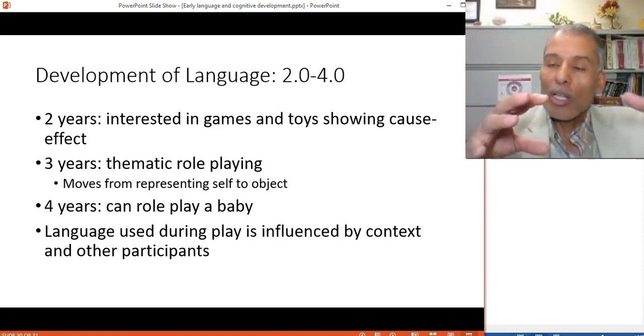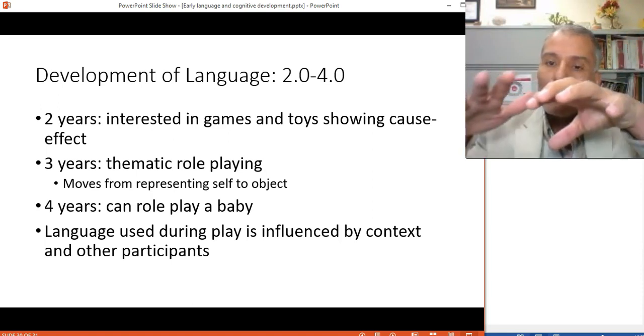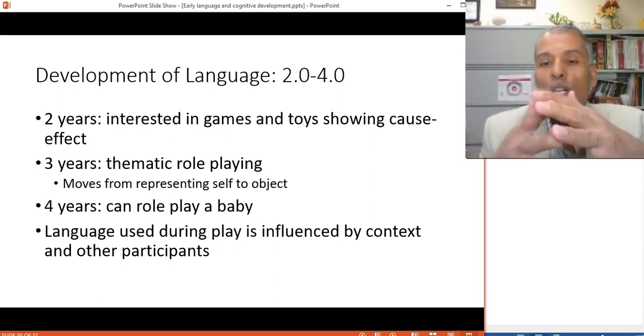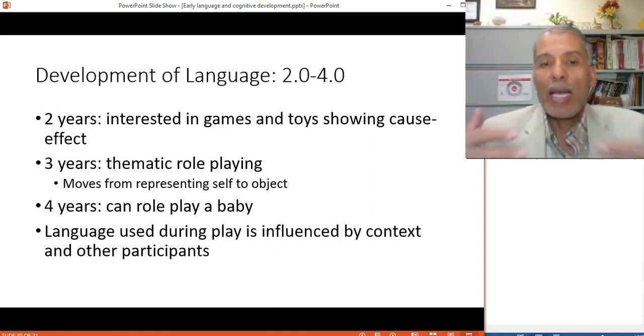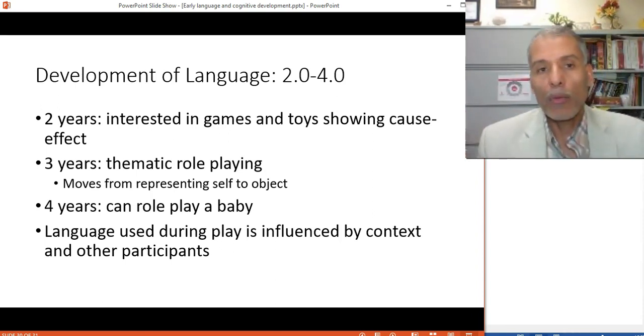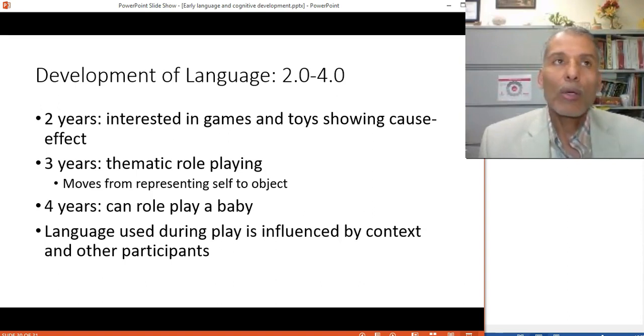And you have to have cognitive skills to be able to do language. So it really goes hand in hand, especially beginning from 2 years of age, and then a few other years, probably to 4 or so.